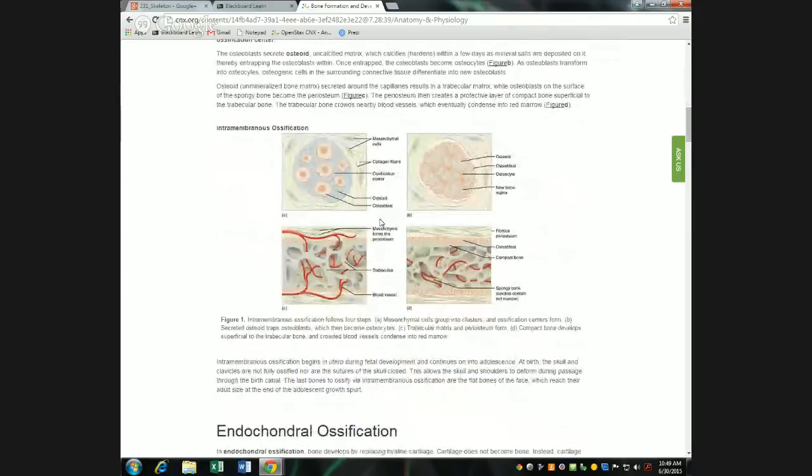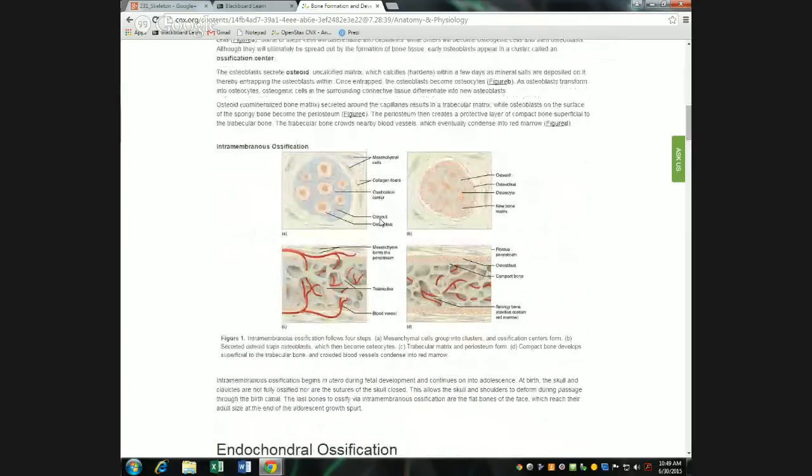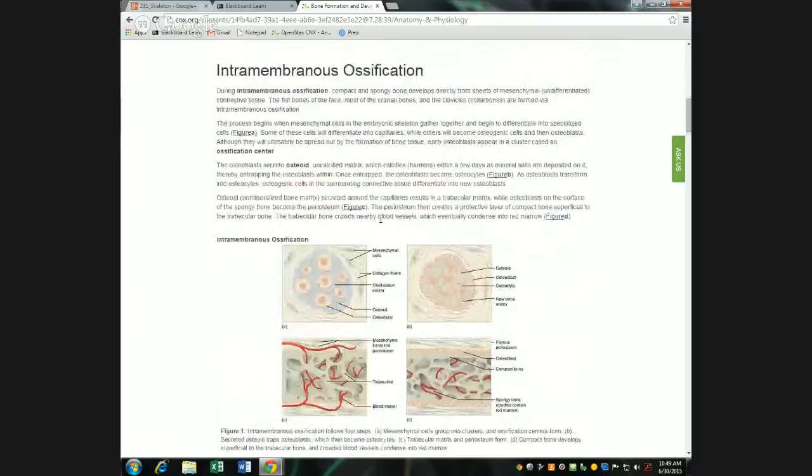endochondral ossification. Intramembranous ossification is when bone develops directly out of embryonic connective tissue. What's the name for embryonic connective tissue? Mesenchyme. Right. So it's when mesenchyme directly becomes calcified bone.